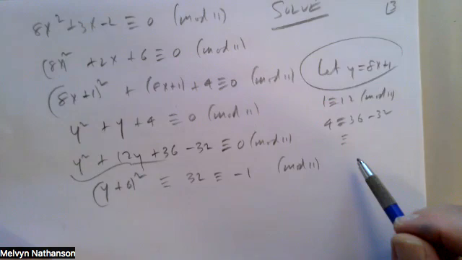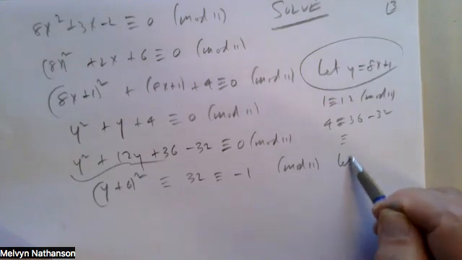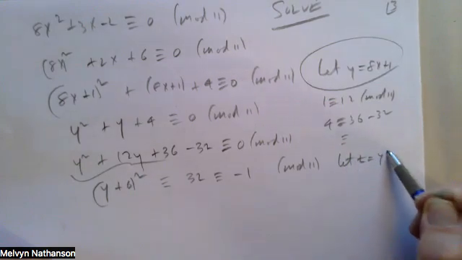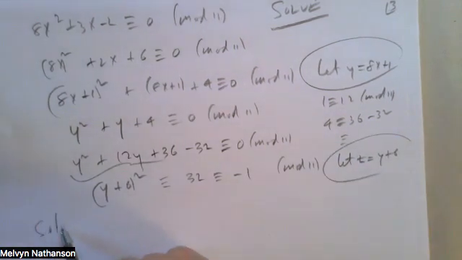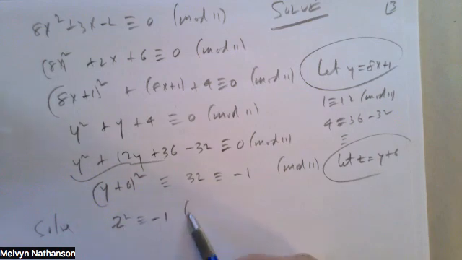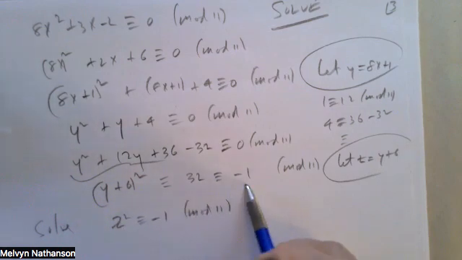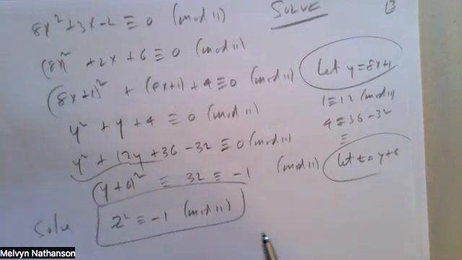So let me make another substitution. Suppose I let z equal y plus 6. Then we need to solve z squared congruent to 1 mod 11.